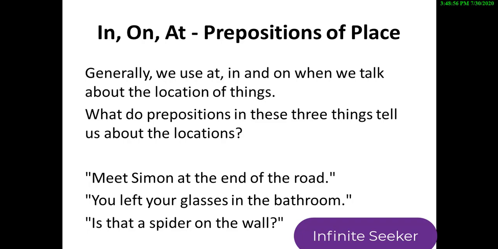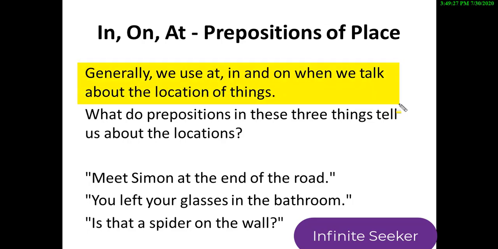Now, in many situations, we get confused with the uses of in, on, or at. So we will try to break it down and make it simple. Generally we use at, in, and on when we talk about the location of things.